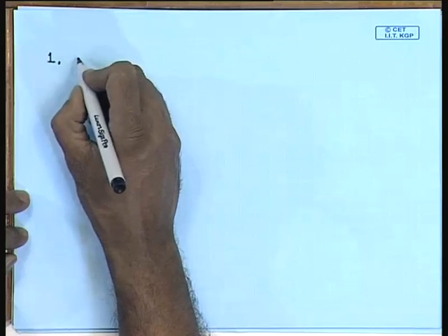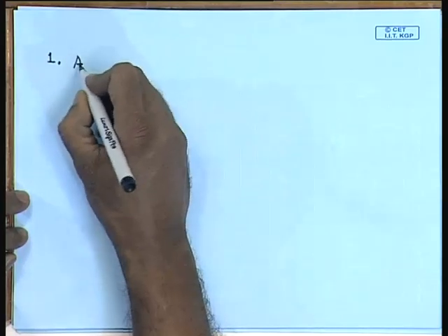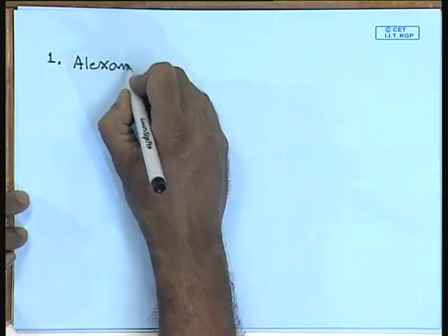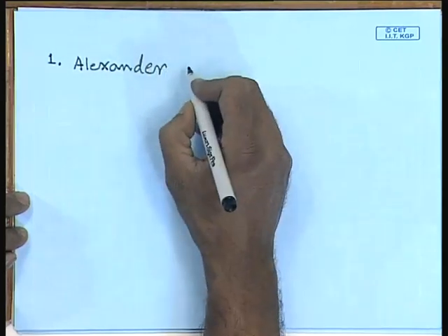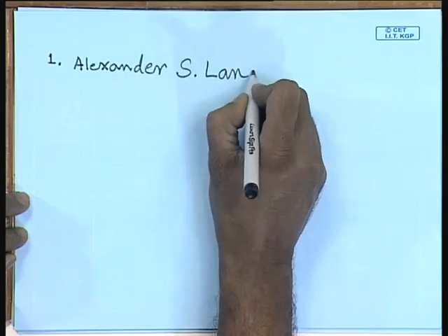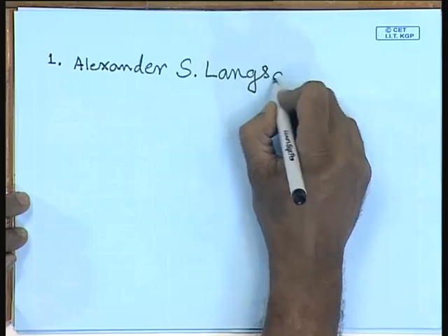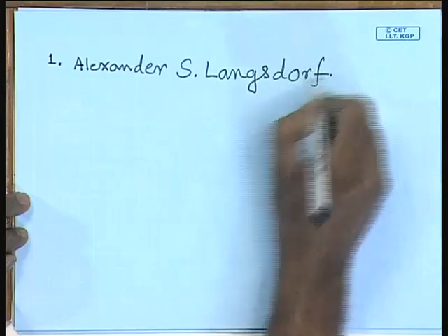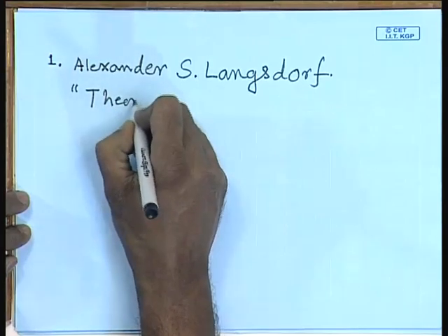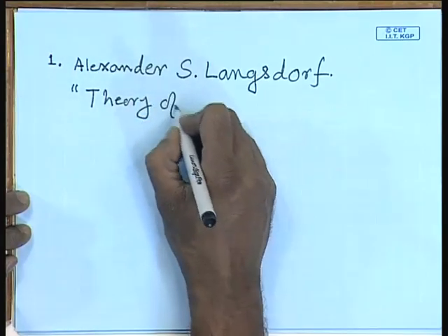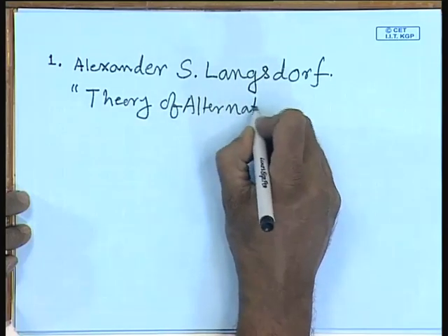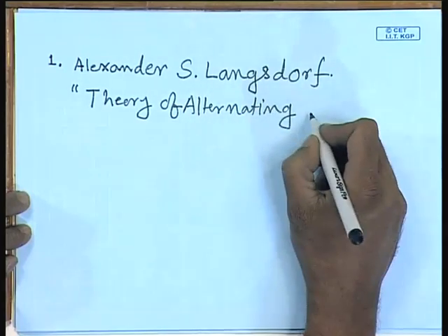Alexander S. Langsdorf, the name of the book is Theory of Alternating Current Machinery.